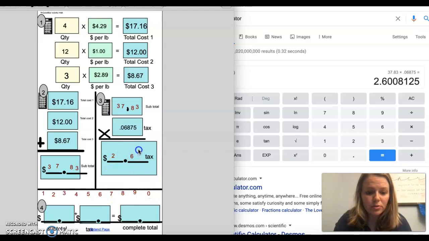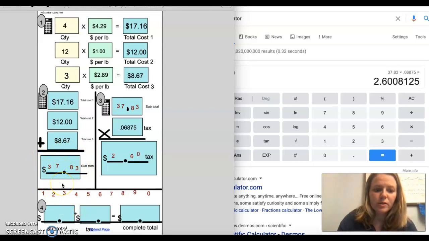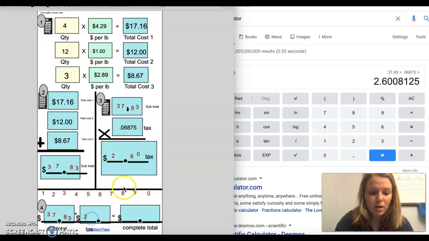So then what we're going to do here is take our subtotal. Remember, that's what we solved in step number 2, $37.83. And we're going to add our tax, which was $2.60.